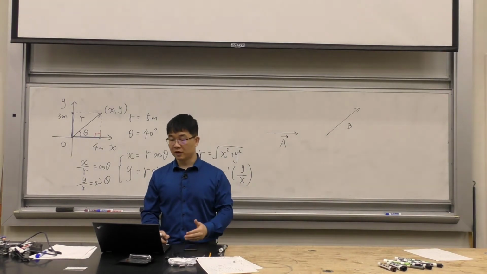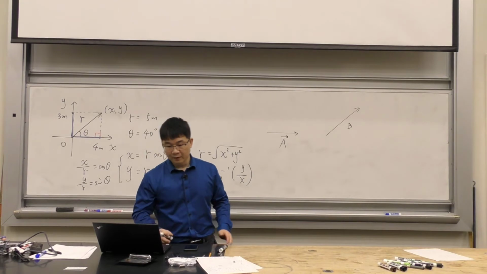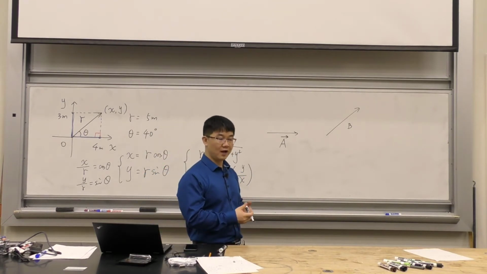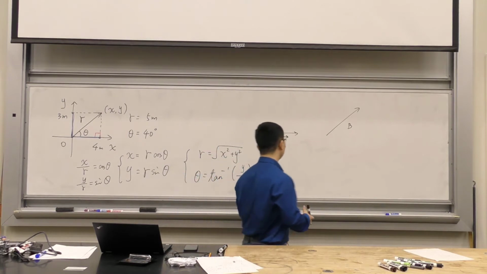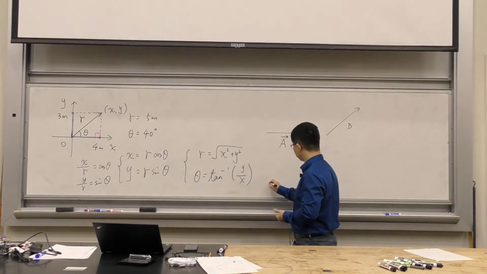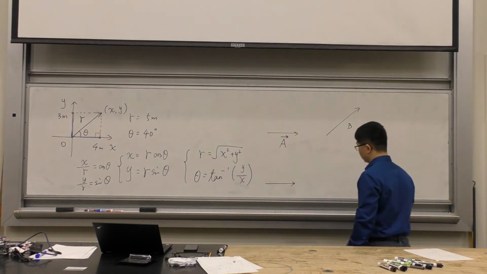Adding two vectors is different than adding two numbers. When you add these two vectors, you still get a new vector, with a new magnitude and direction.